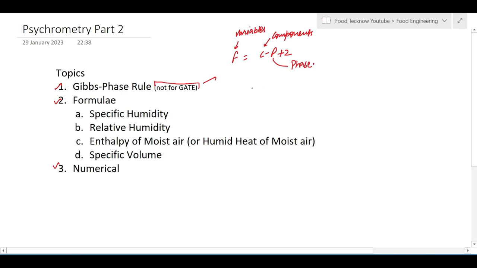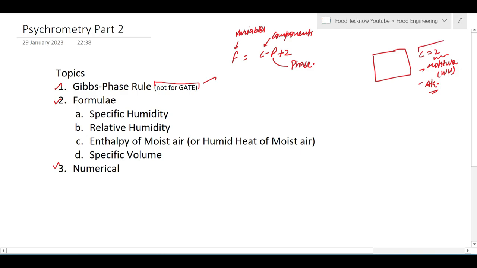So for the psychometry, let's suppose this is a chamber or a room where moist air is present. So here the moist air is present. It means the components would be 2. So how is it 2? One for the moisture or the water vapor, and the second for the dry air.